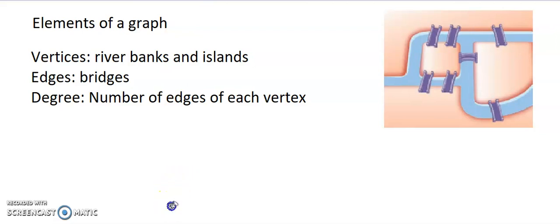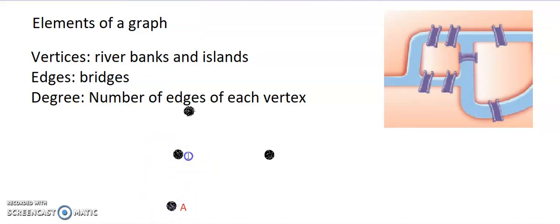So we had 4 vertices, which was our land. Then we had our bridges, our pathways between them. So I'm just going to label each of my vertices.